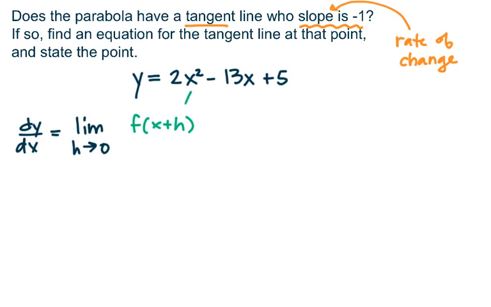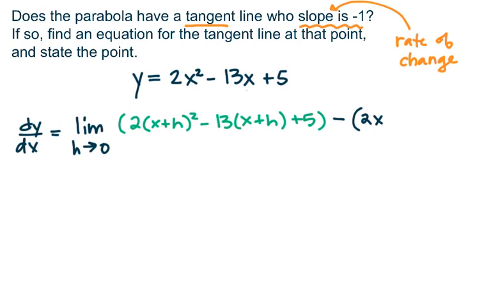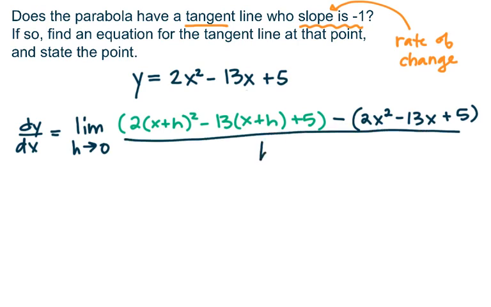So I'm going to plug an x plus h in for both of those x values. That gives me 2 times the quantity x plus h squared minus 13 times the quantity x plus h plus 5, minus my original function using parentheses, 2x squared minus 13x plus 5, all of which will be divided by h.